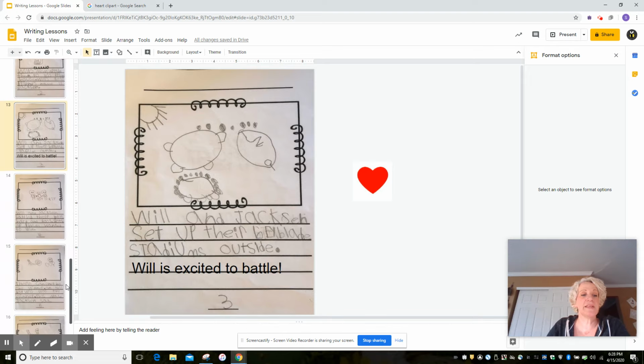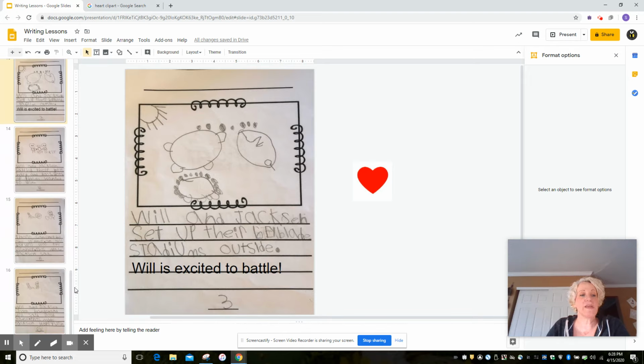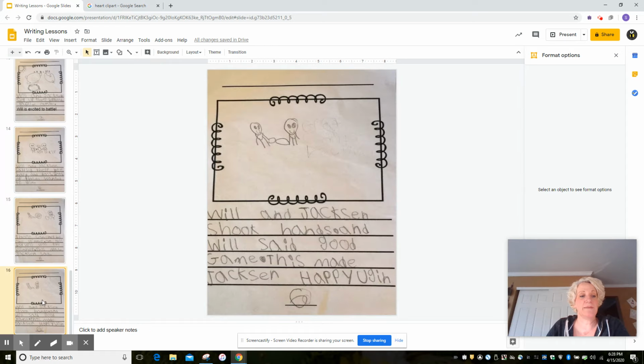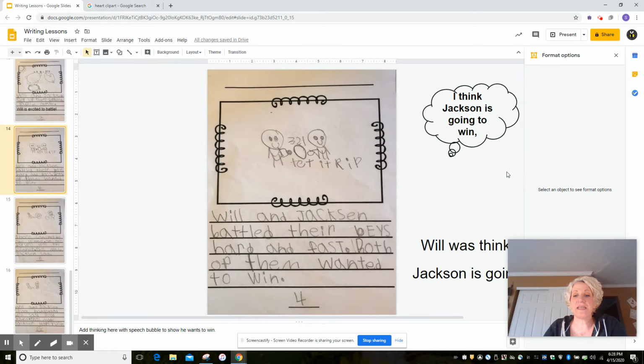Okay, so we tried to find another spot in the story where we could add some thinking or some feeling. So we have this next page here that says Will and Jackson battled their Beyblades hard and fast. Both of them wanted to win. And I said, how were you feeling or what were you thinking when you were wanting to win? And he said, I actually was thinking that Eli was going to win. And I said, well, you know what?